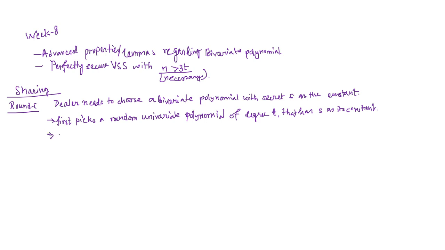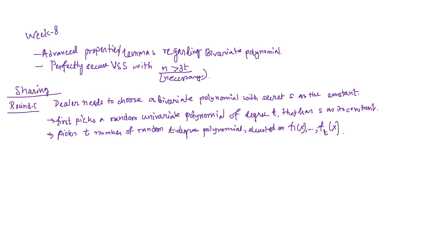So apart from f(x), it also needs to pick t more univariate polynomials, f1(x) to ft(x), and we view f1(x) to ft(x) as nothing but row polynomials of this bivariate polynomial.